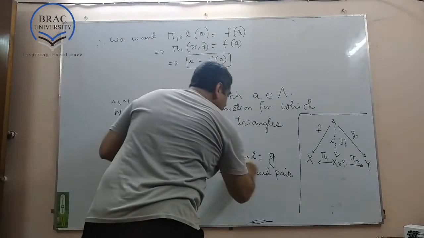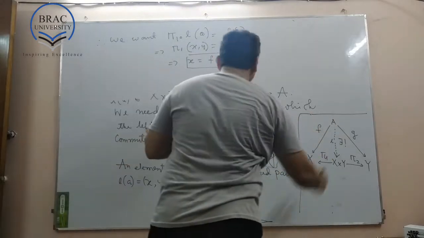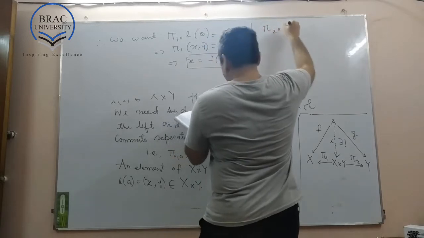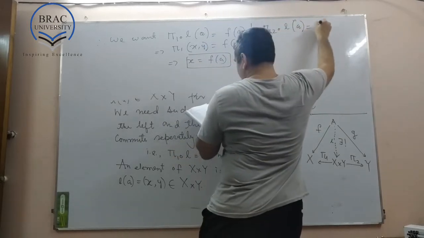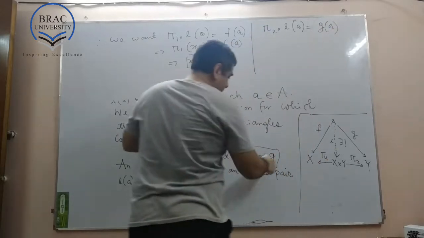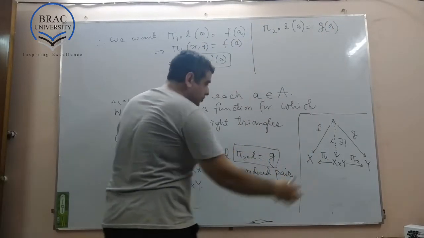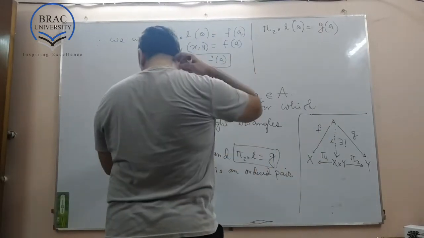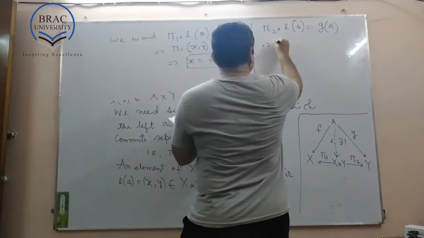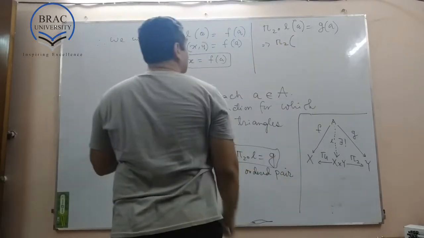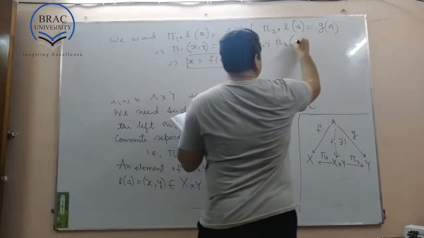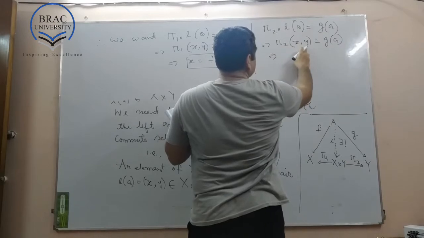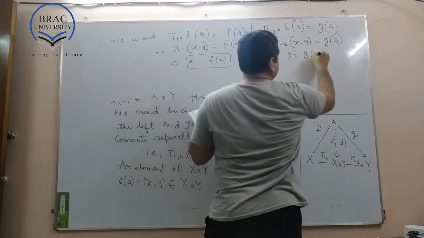Using the second equality of two functions, so that the right hand triangle commutes, we have pi2 composed with L acting on a is precisely equal to G of a. From this equality we act with both functions on an element of big A, from which we see that pi2 acting on La, an ordered pair x comma y, is equal to G of a, and as it's the projection onto the second factor, we have y equal to G of a.